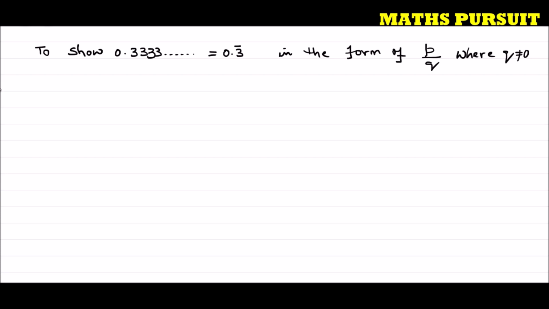This is what the question is asking to show. That means the question is asking us to represent the given number 0.3333 in the form of a rational number.